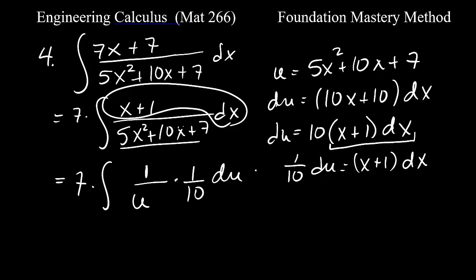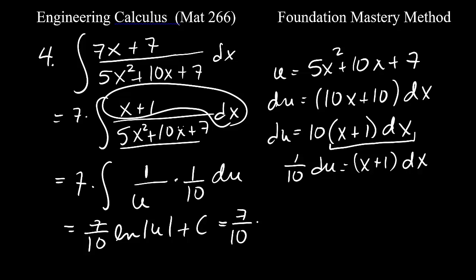Now combining our constants out front here, we'll have 7/10 times the integral of 1 over u du, which is just the natural log of the absolute value of u, plus a constant of integration. And then finally, doing our back substitution so that our answer is in terms of x, we'll have 7/10 times the natural log of the absolute value of 5x squared plus 10x plus 7, plus our constant of integration.